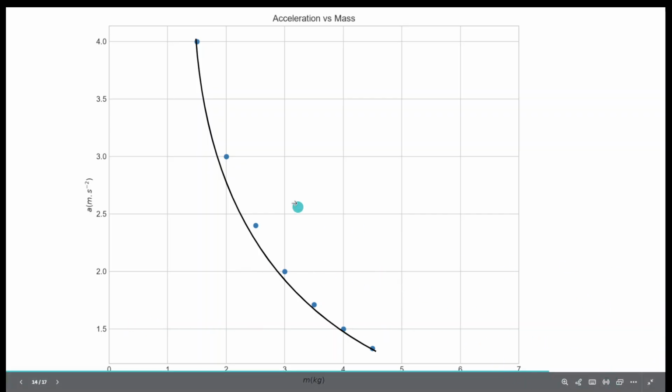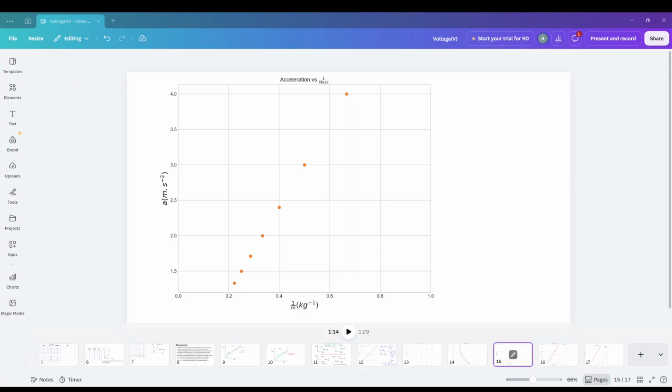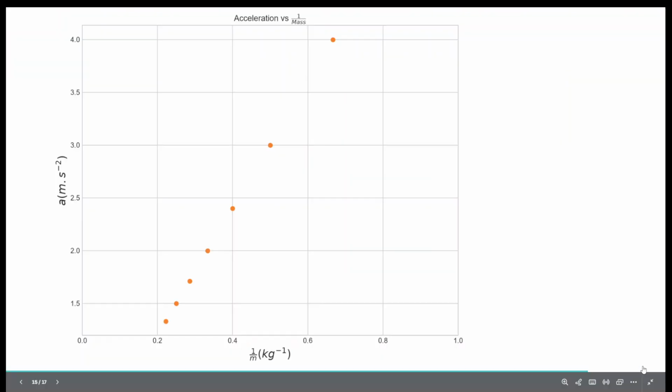So now let's look at how that is going to help us if we instead plot acceleration versus 1 over mass. So now this is our plot for acceleration versus 1 over mass, which is per kg.